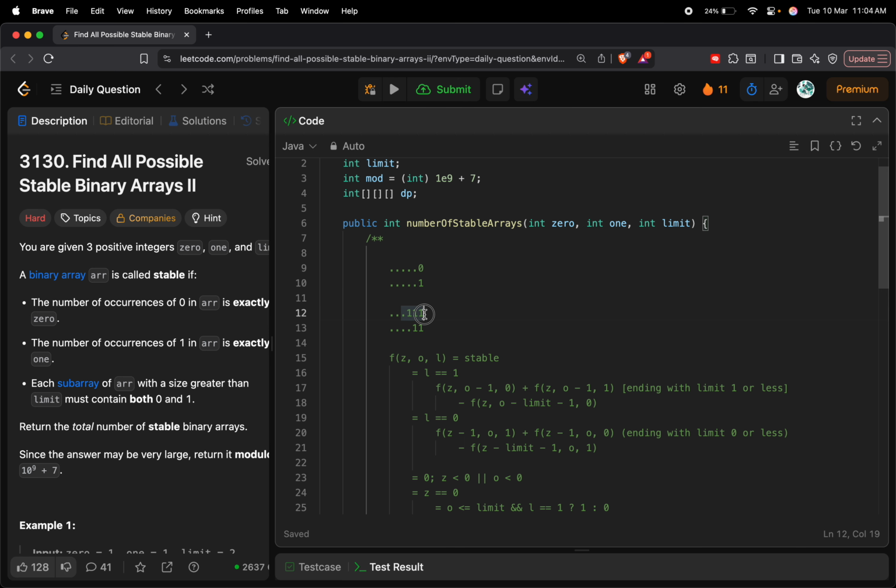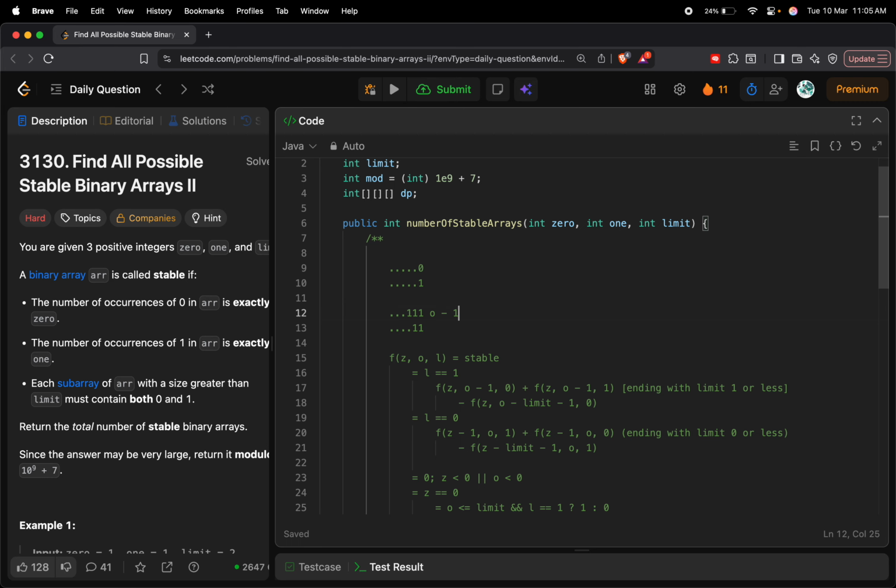Since I've freezed my last position with 1, the total number of available ones for the rest of my array will reduce by 1. Now that I have freezed my last position, the available ones were reduced by 1.